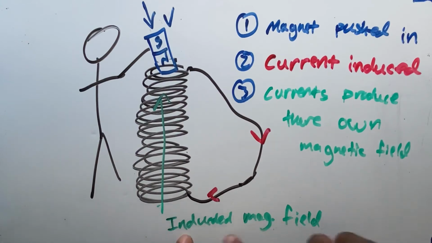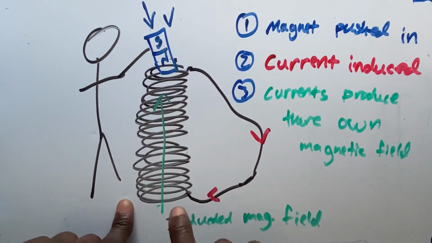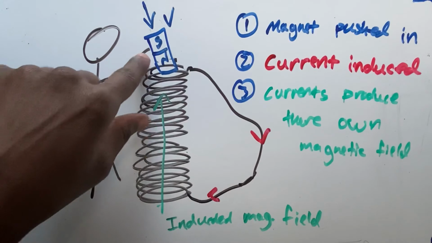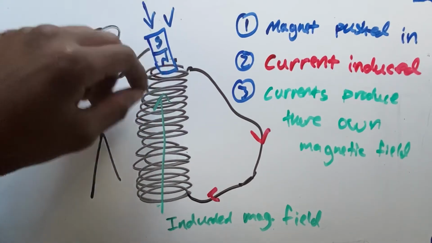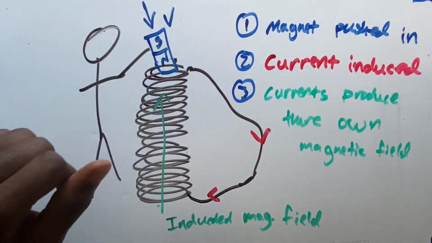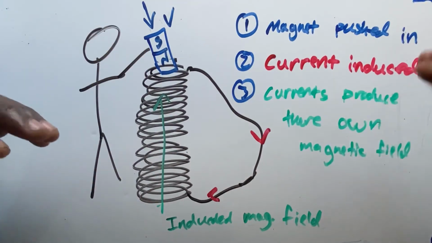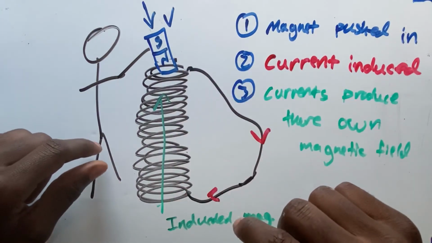So now we have an induced magnetic field, and it's basically going upwards inside of this coil here. So now this induced magnetic field is pushing against this magnetic field, making it harder for you to push that magnet in there. So that basically takes a couple of steps of logic to kind of see that happening.